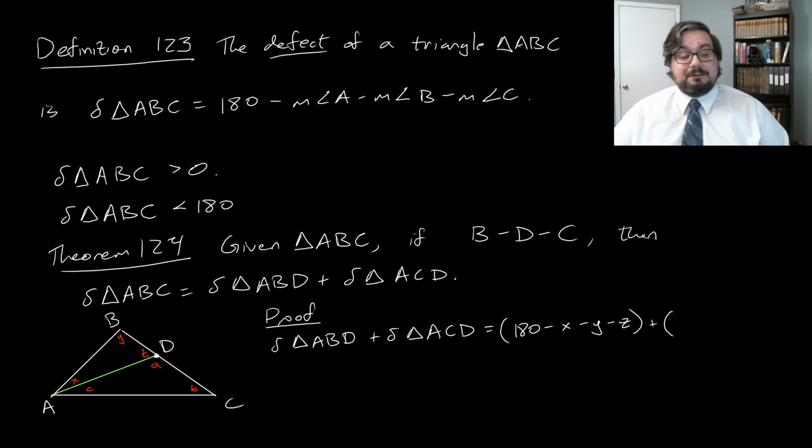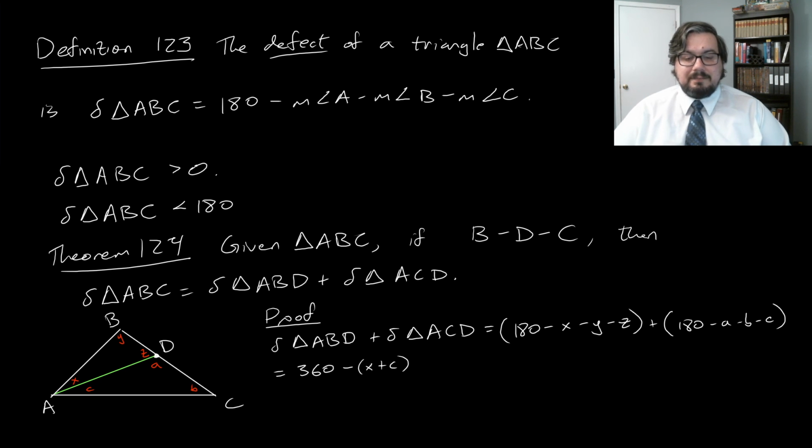And then the defect of triangle ACD is 180 minus a minus b minus c. Combining those together, we get 360 minus, and I'm going to start grouping these up. x and c I'll group up, this is minus x plus c. And then this is minus y, then minus b, and then minus a plus z.